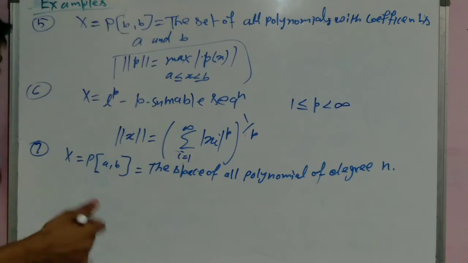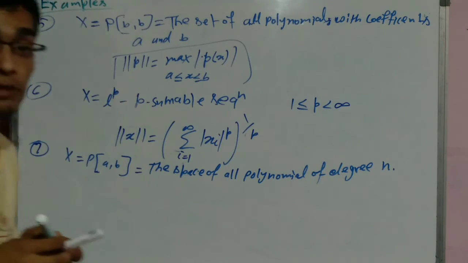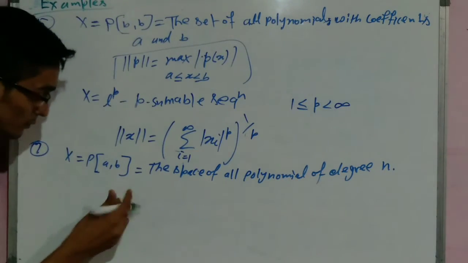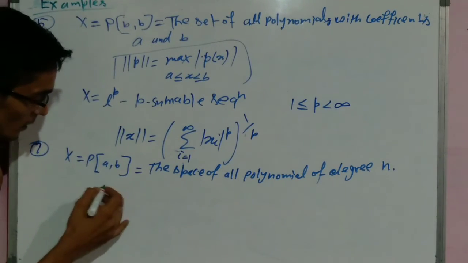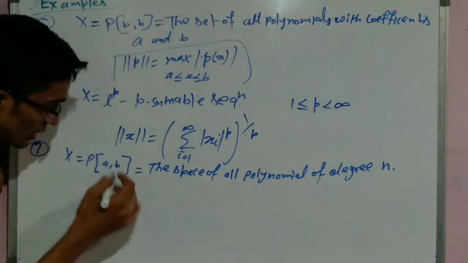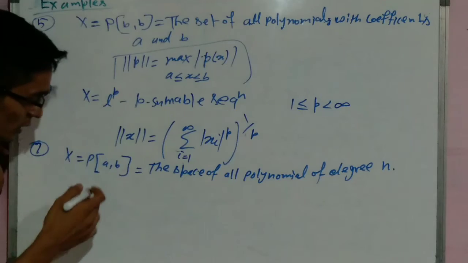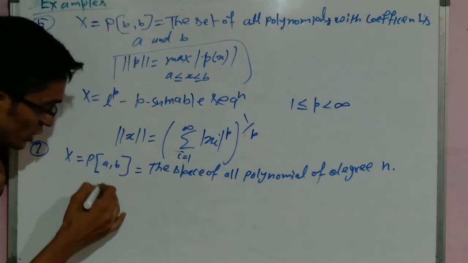I will tell you that it is not a vector space. Why? You give me the reason. Please give me the reason in the comments. If you know, then please write it in the comments. So this is not a vector space.